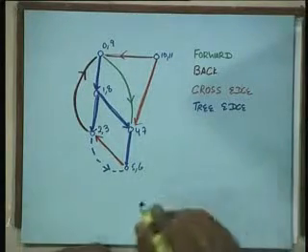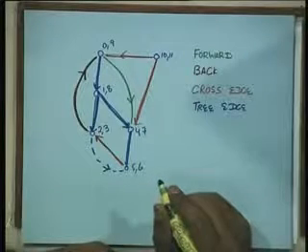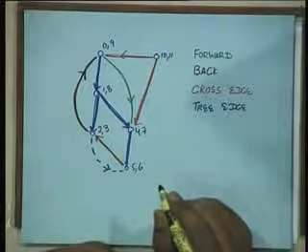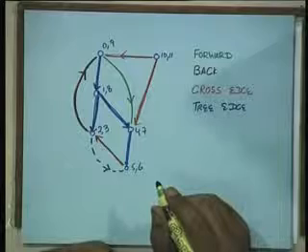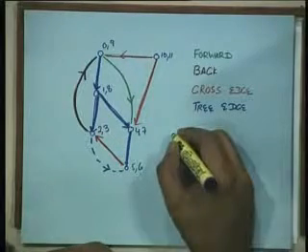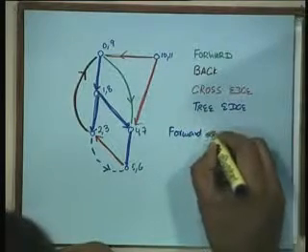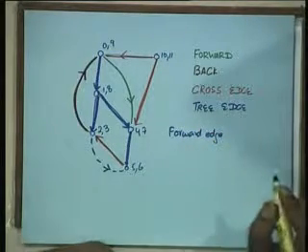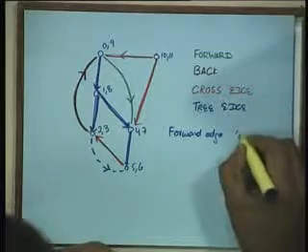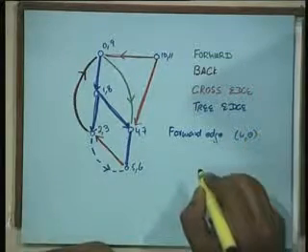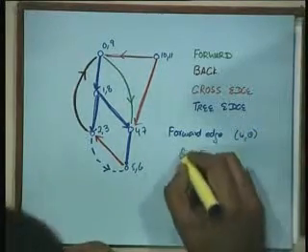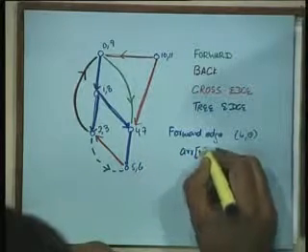Okay, so what's the property of a forward edge? Who can tell me? So what is it that makes an edge a forward edge? For a forward edge, how can I relate its arrival and departure times? So if I have an edge uv which is a forward edge, what can I say about the arrival of u versus the arrival of v?